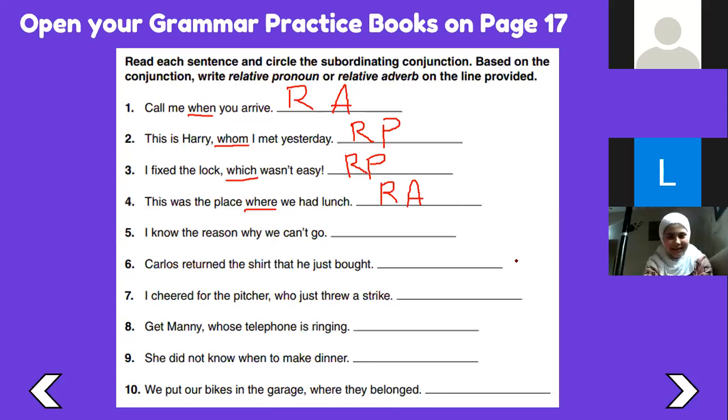Number 5. I know the reason why we can't go. Why? Excellent. Is why a relative adverb or relative pronoun?